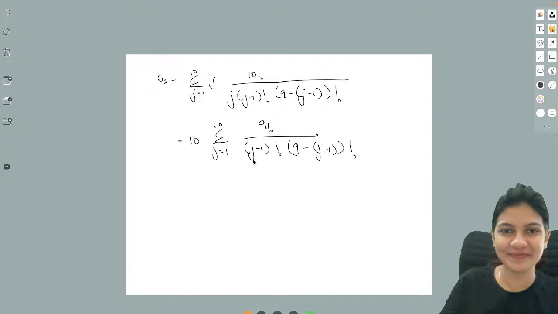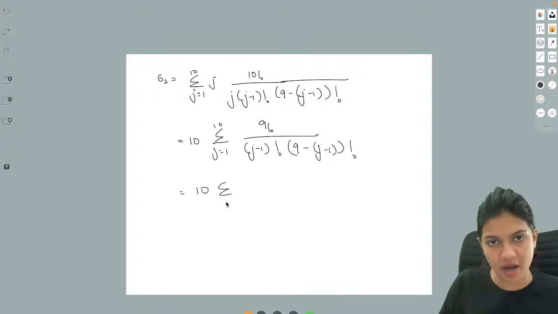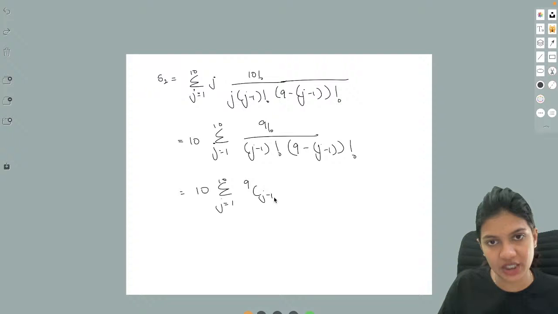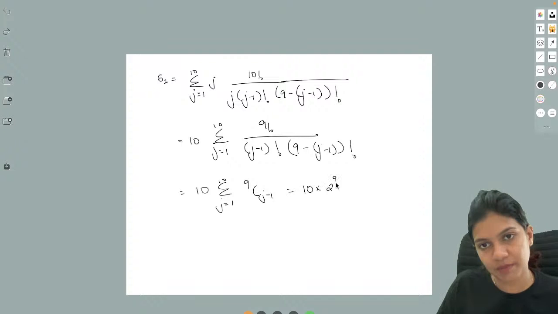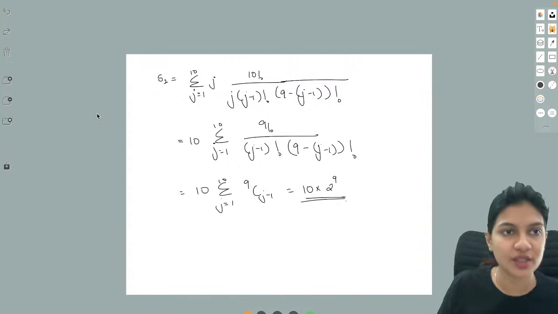Which is again equal to 10 into sigma j equals 1 to 10, 9 C j minus 1, which is 10 into 2 to the power 9. So S2 is also correct.